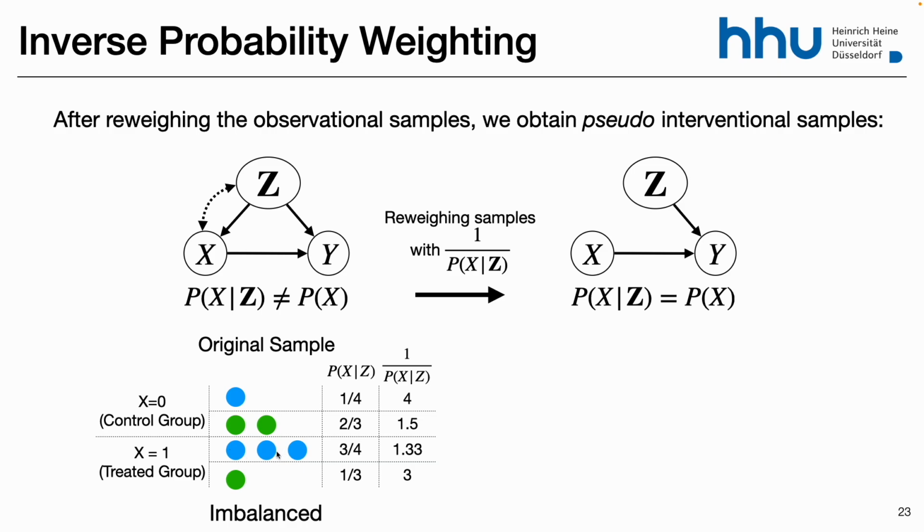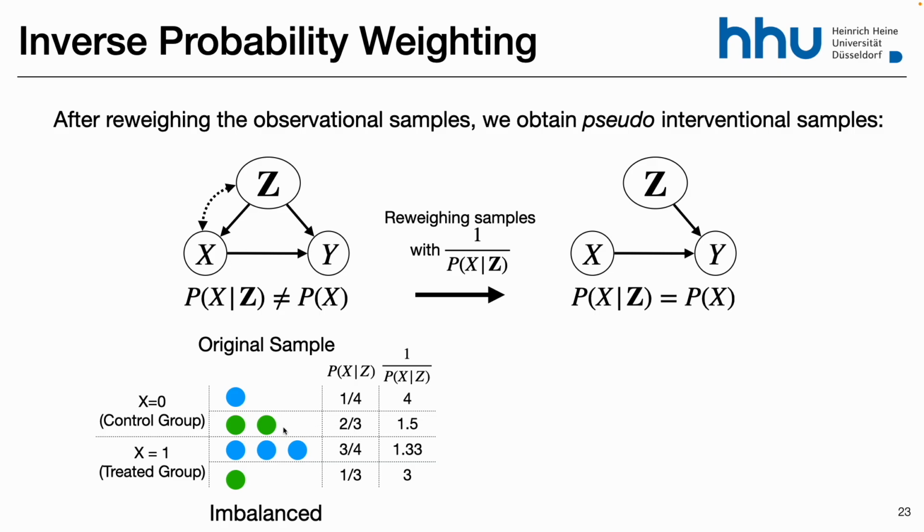Also, if you compute within each category, you see that the probabilities are very different. For example, the blue ones have a higher probability or propensity of receiving the treatment than the green ones. And here I just computed the probability of X given Z. For example, given Z blue, that's just 1/4.